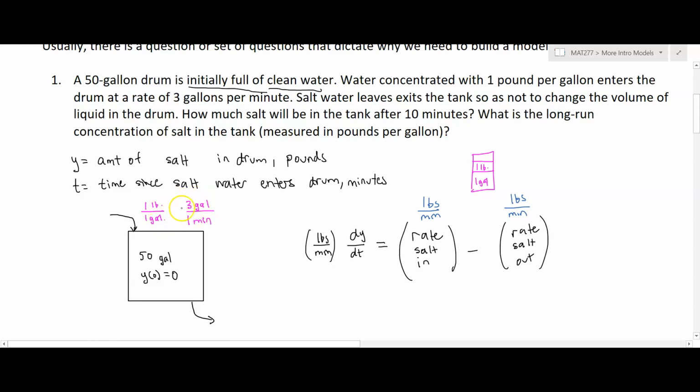Here's how many gallons are coming in each minute. If I look at the units here, if I multiply these together, I'll end up with pounds over minutes. And this should make sense because if I have 1 pound every gallon, and I have 3 gallons coming in every minute, that means I'm going to have 3 pounds for each of those 3 gallons across that entire minute. So it's not surprising then that we would have 3 pounds per 1 minute.